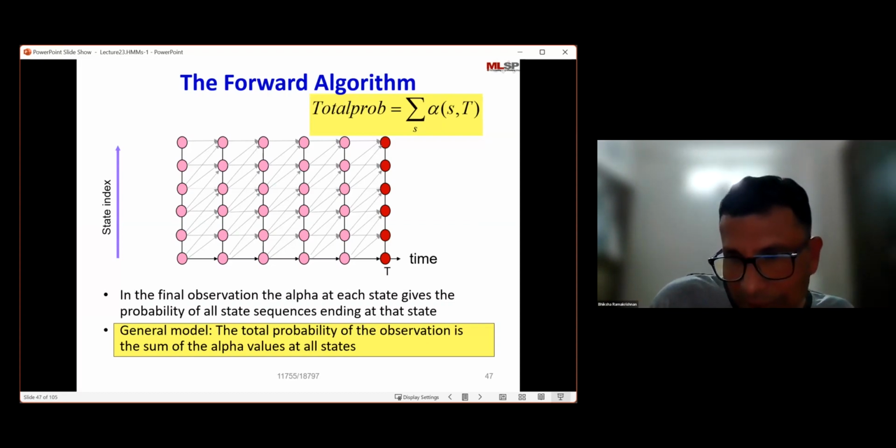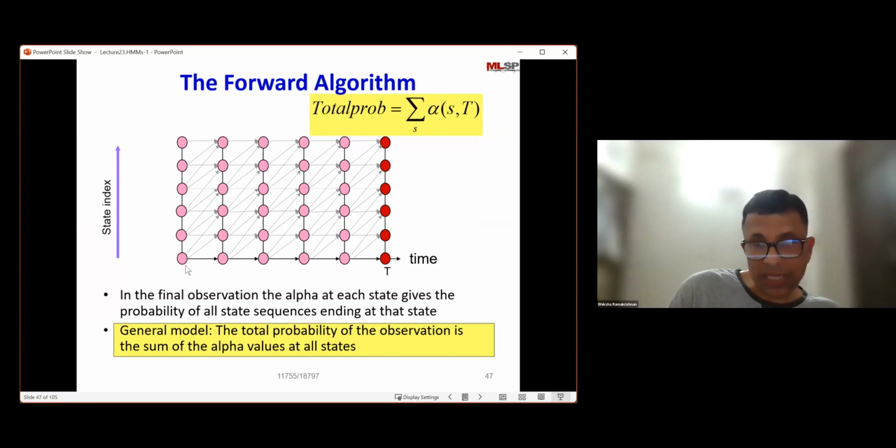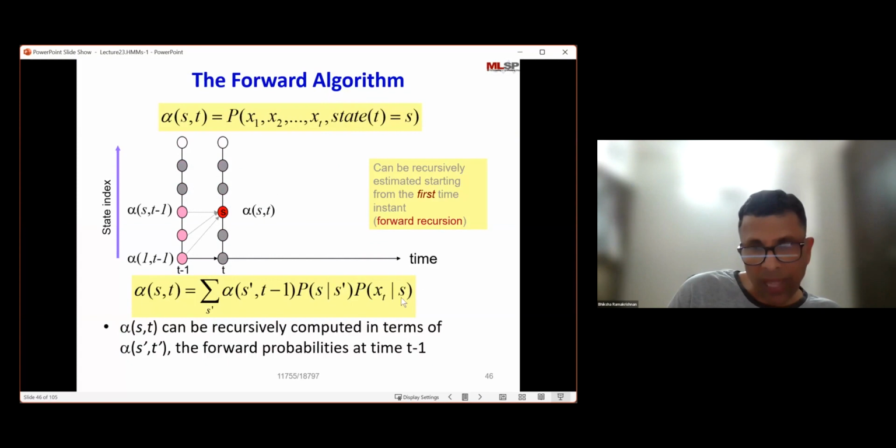Any doubts, guys? Okay. Just a quick question about this. Why would the total probability not be 1? Because it seems like the sum would encapsulate all possible observation and state sequences. No, observe this, it's not going to be 1. At each point you have p of xt given s, right?